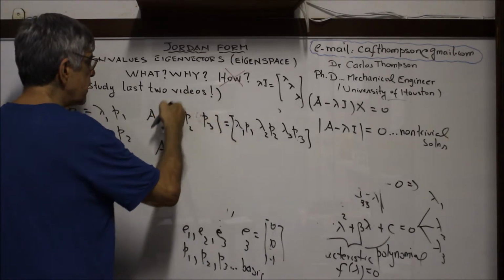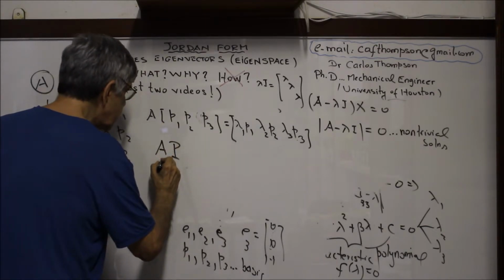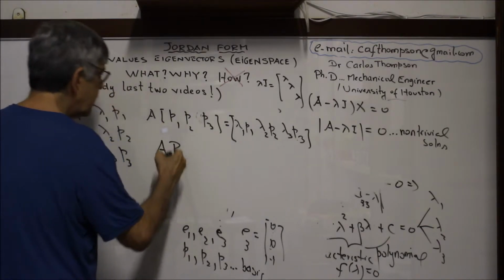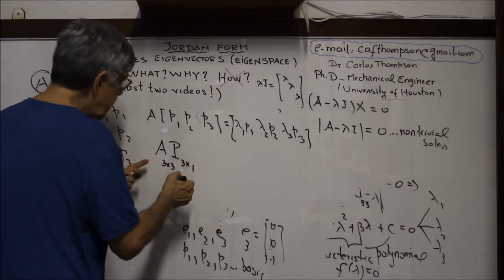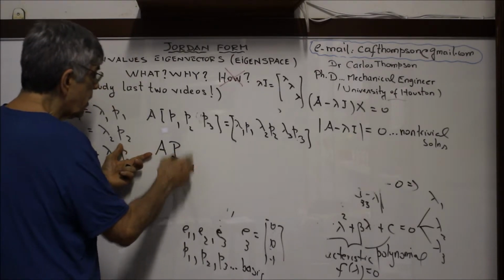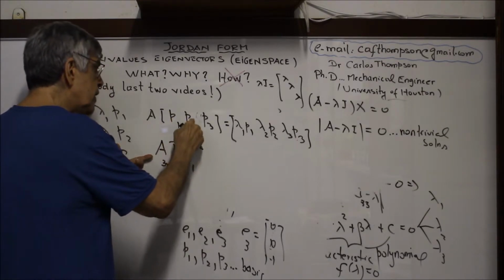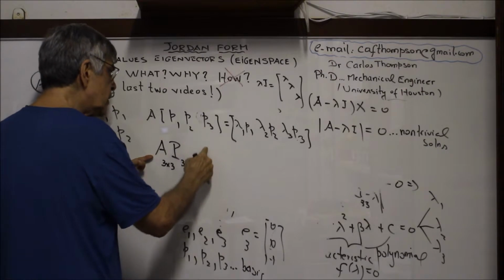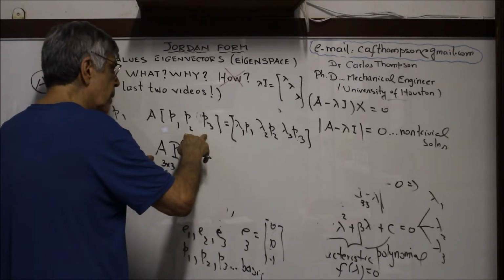I can write A, in this case, 3 by 3. P is 3 by 1. Why is P 3 by 1? Because here I have 3 components, here I have 3 components, and here I have 3 components. I didn't write it here, but I know it's there.